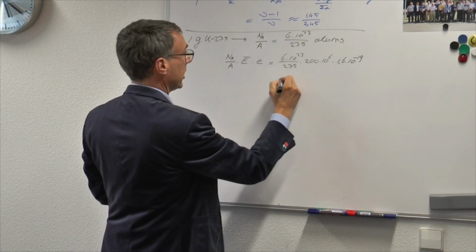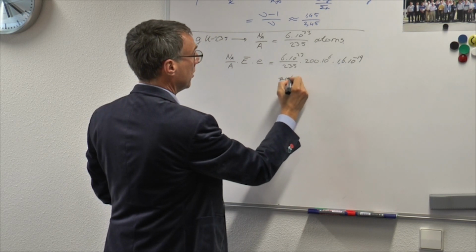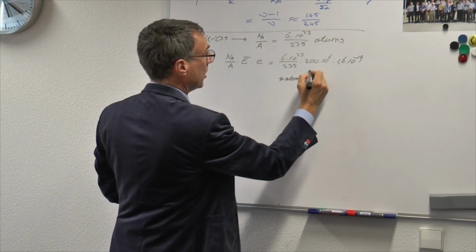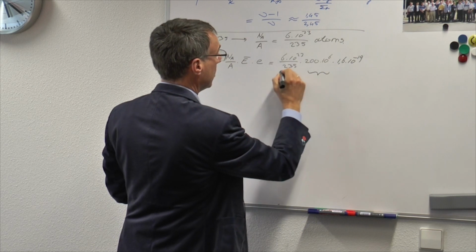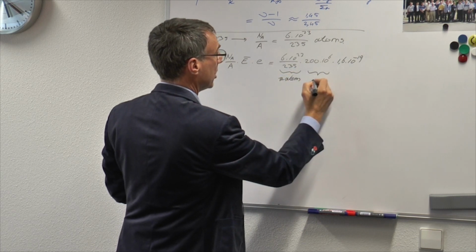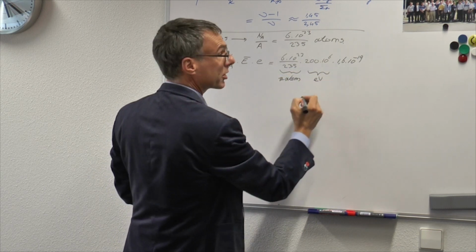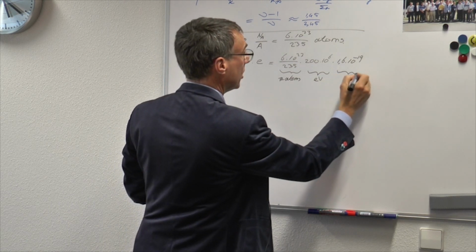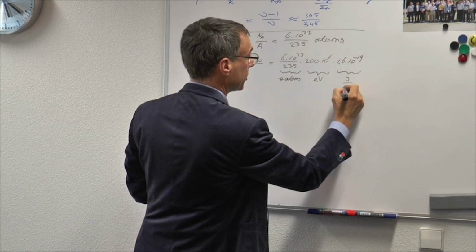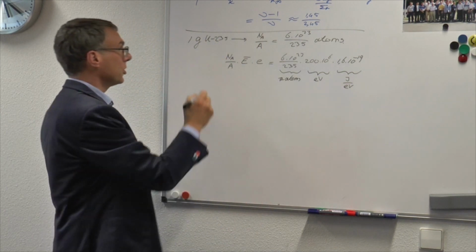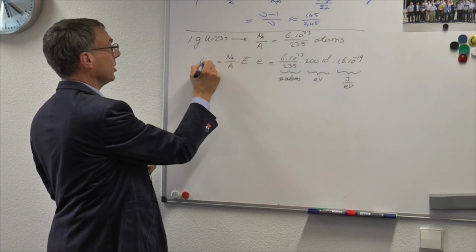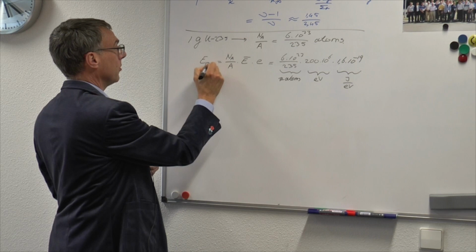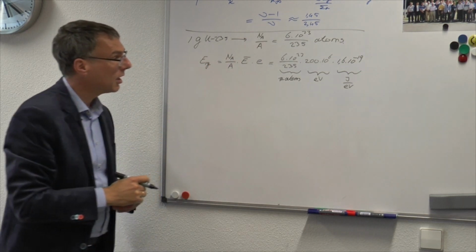So this is the number of atoms, this number has a unit electron volt, and this number has a unit joule per electron volt. So this is the energy in 1 gram of uranium.